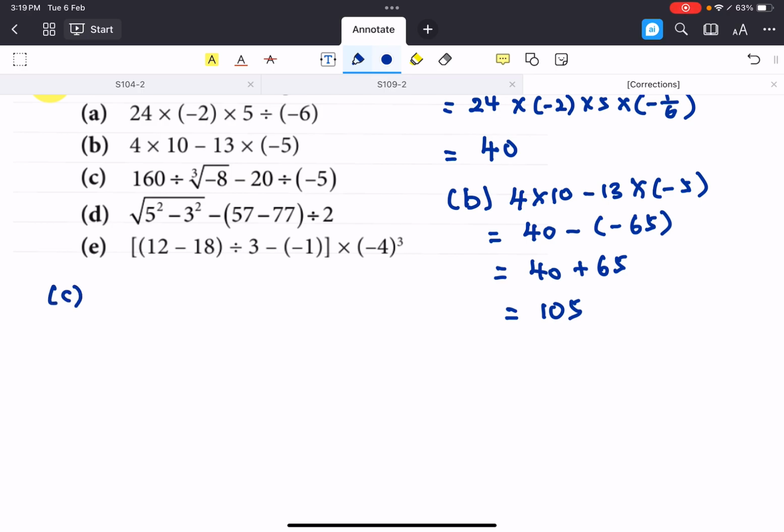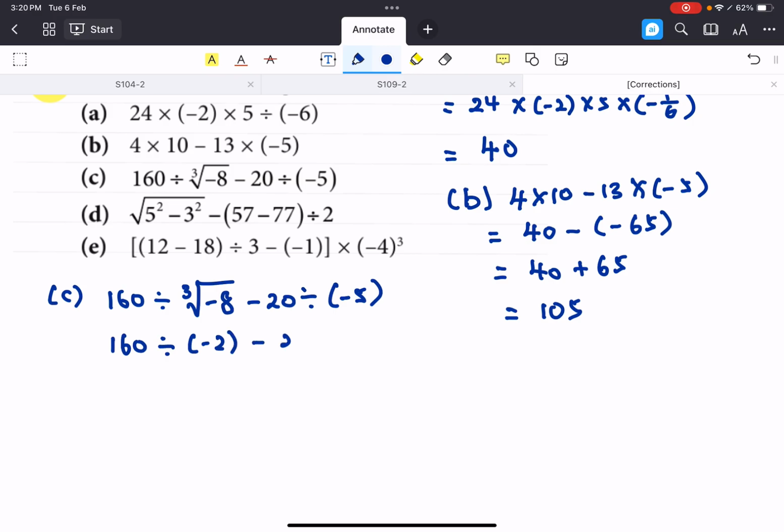Part C, we have 160 divided by the cube root of negative 8, minus 20 divided by negative 5. So this will give us 160 divided by negative 2, minus 20 divided by negative 5. Dividing by negative 5 is the same as multiplying by negative 1/5. Continuing, 160 multiplied by negative half.